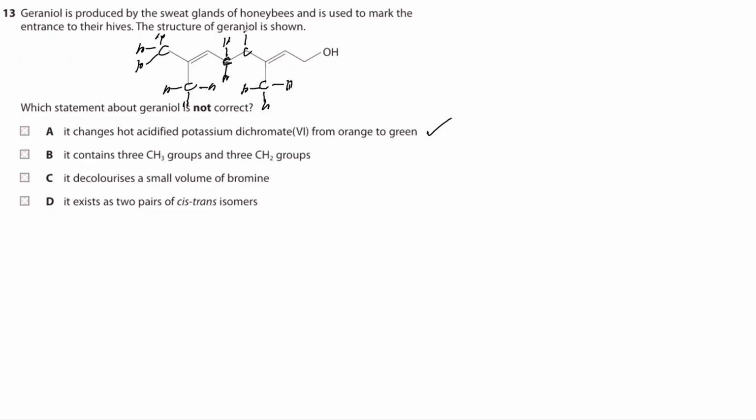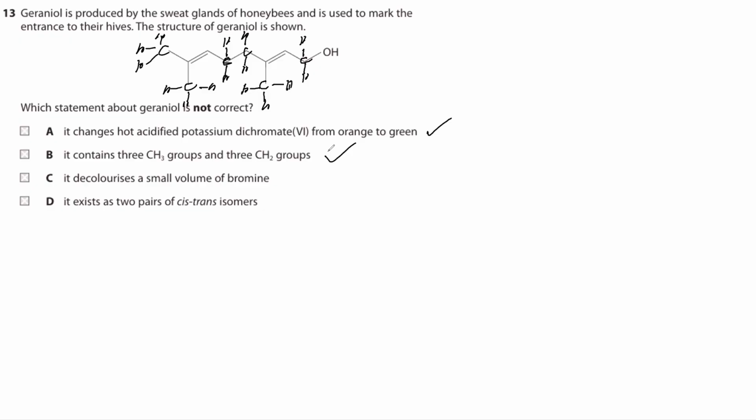This is carbon, CH, CH. When you have a double bond, you can't have CH2 because here we can have only one hydrogen. But if I take here, this carbon has 2 bonds already, the other 2 are hydrogen. Yes, 3 CH2 groups. That's correct.